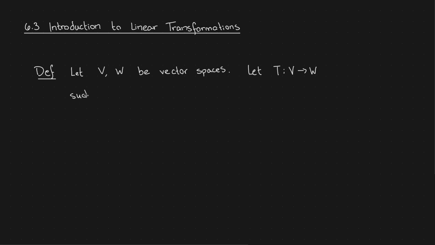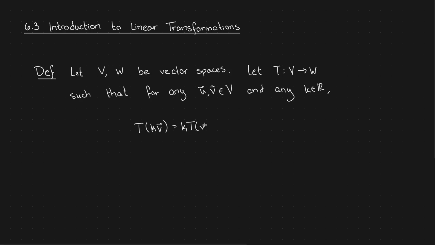But this particular transformation will have two important properties, such that for any vectors u and v in vector space V, and any scalar k, we have T of a scalar multiple of vector v is equal to the scalar multiple times the transformation on v.